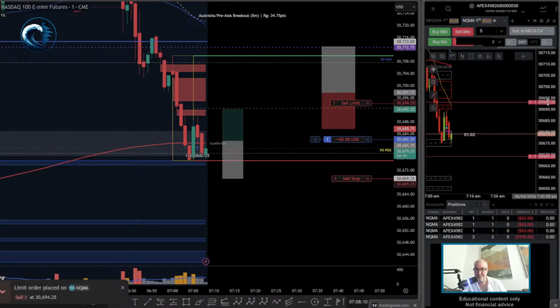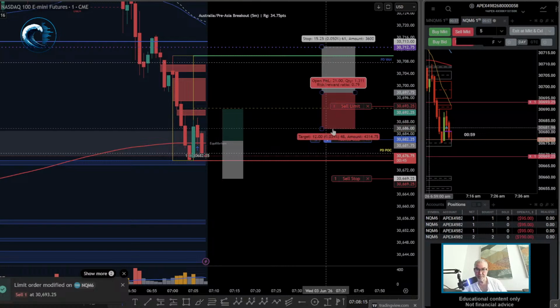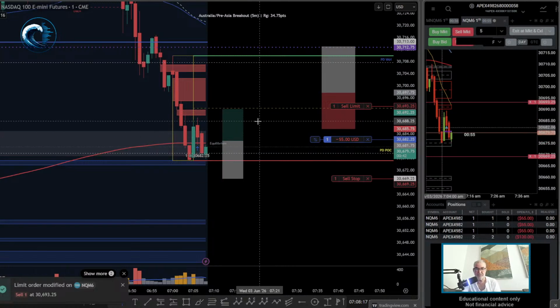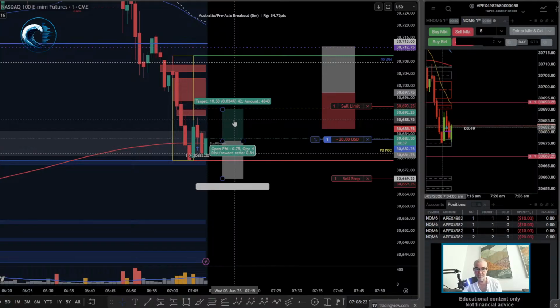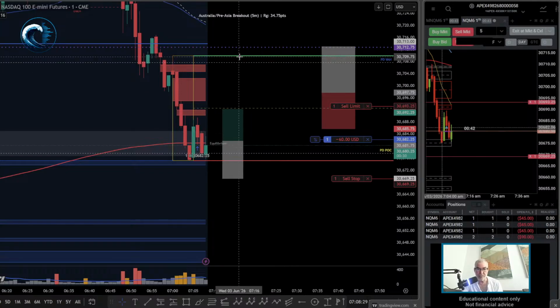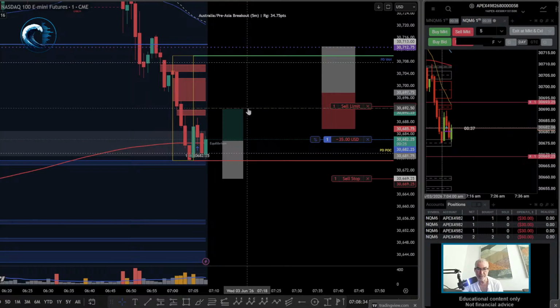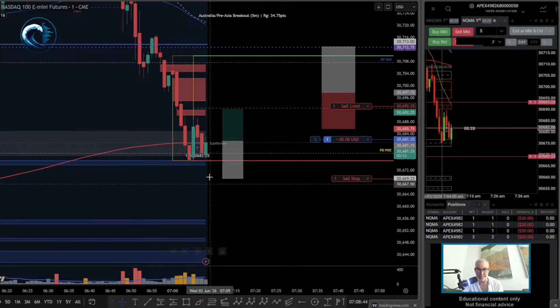Order working. So the reason why I'm setting such a small take profit, it's a bit of a negative RR, but this midline, this is why I like the ORB. Everyone tells you, why are you trading in the ORB? You should be, because the way an ORB is traditionally traded is on the breakouts.